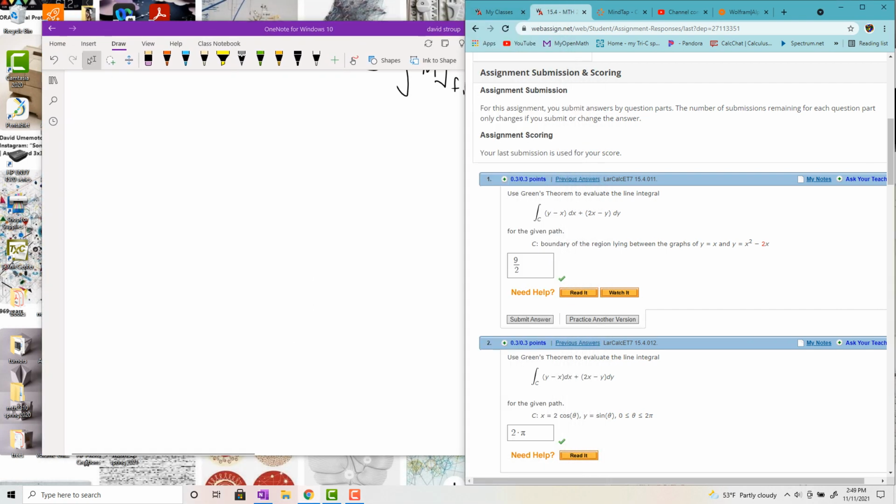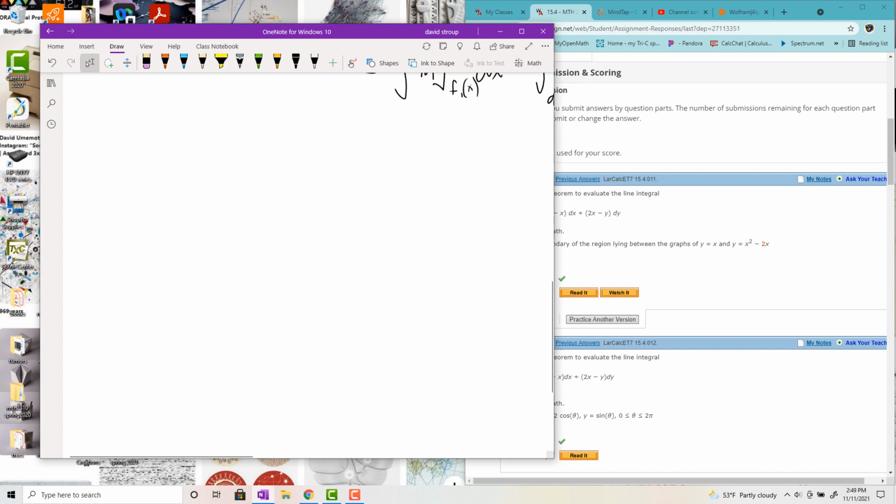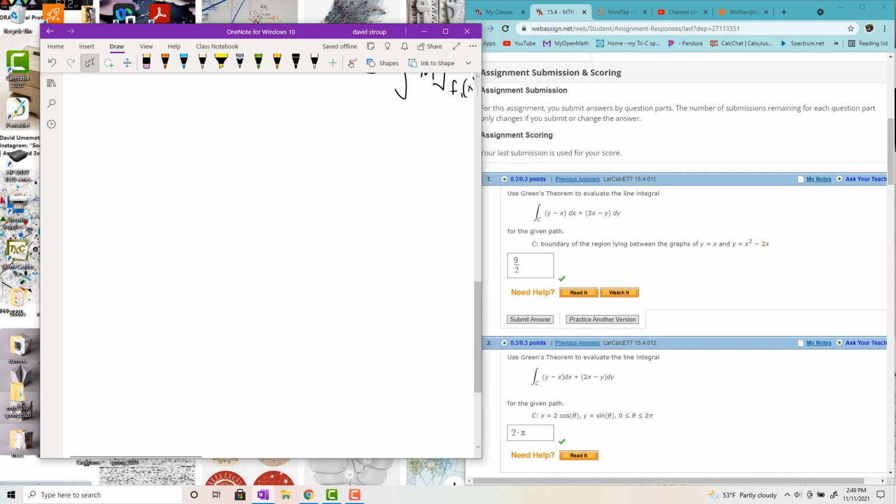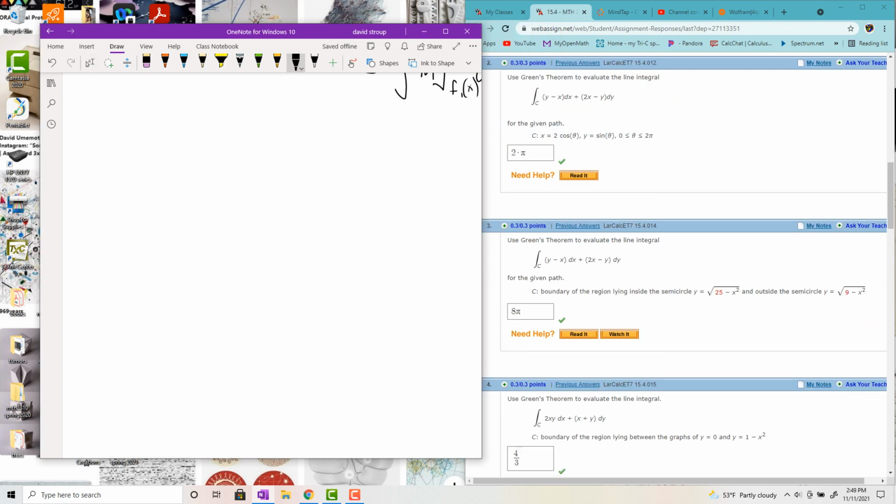Use Green's theorem to evaluate the integral. One thing that does come up, you may need to know the area of an ellipse. So if you have x squared over 9 plus y squared over 4 equals 1, that's an ellipse. What is the area of that?